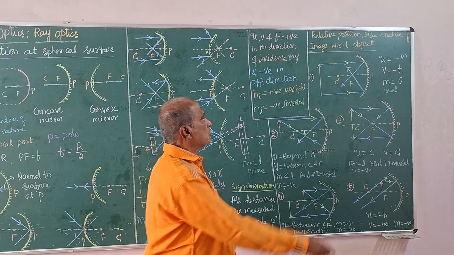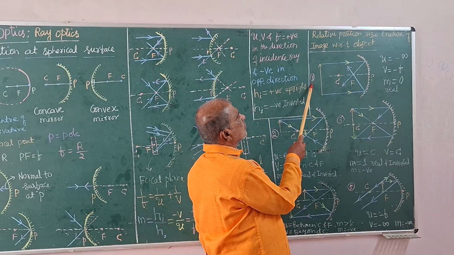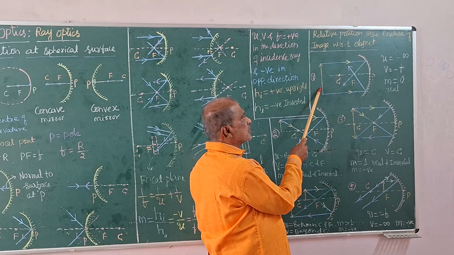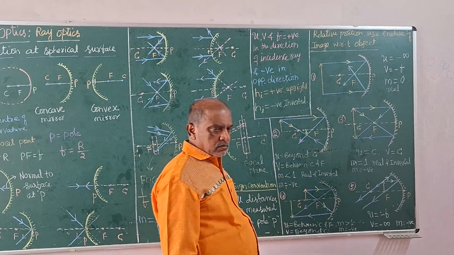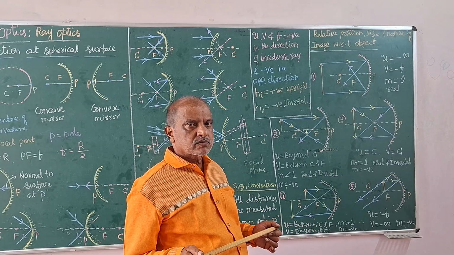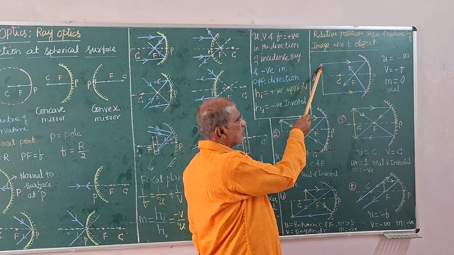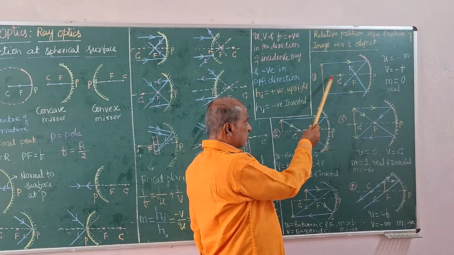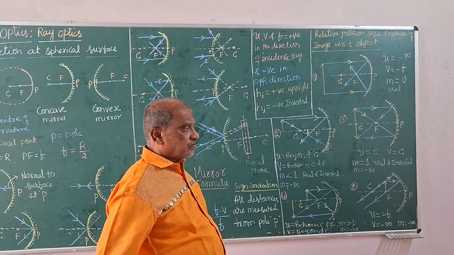In the first case, let me take the object at infinite distance. The object has its own shape and size. I am taking an arrow mark as the object. Now it is at infinite distance from the concave mirror.